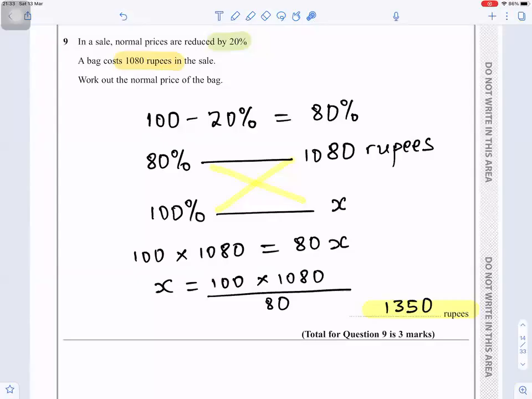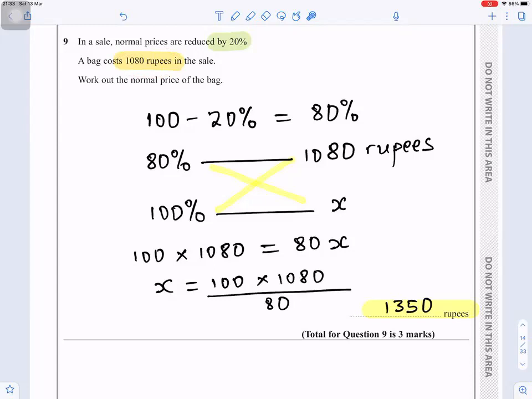Question number 9. In a sale, normal prices are reduced by 20%. A bag costs 1,080 rupees in the sale. Work out the normal price of the bag. So the price has been reduced by 20%. So this 1,080 rupees is not the 100%.